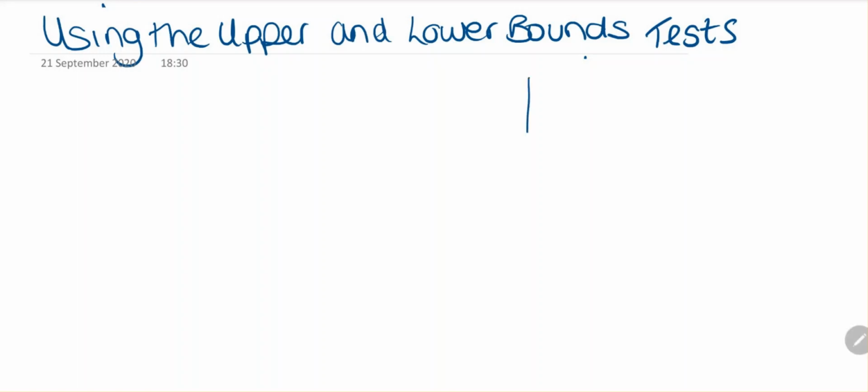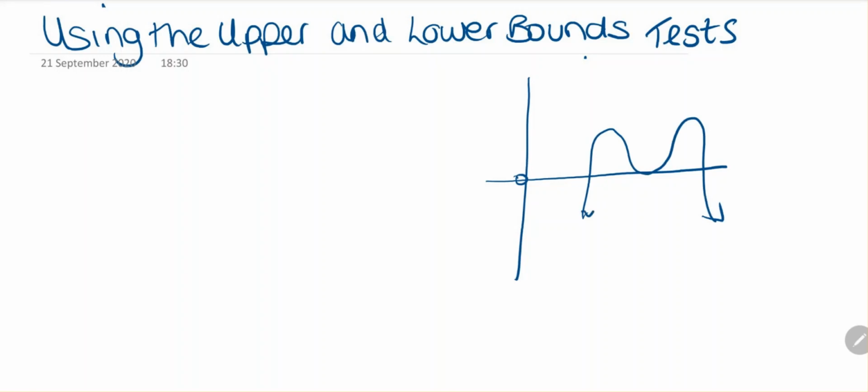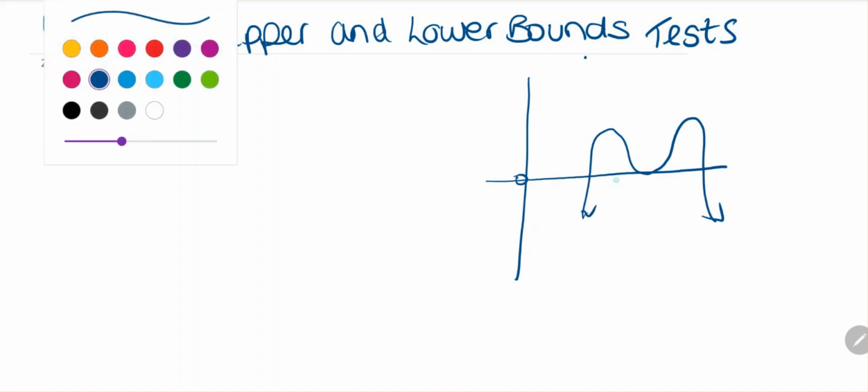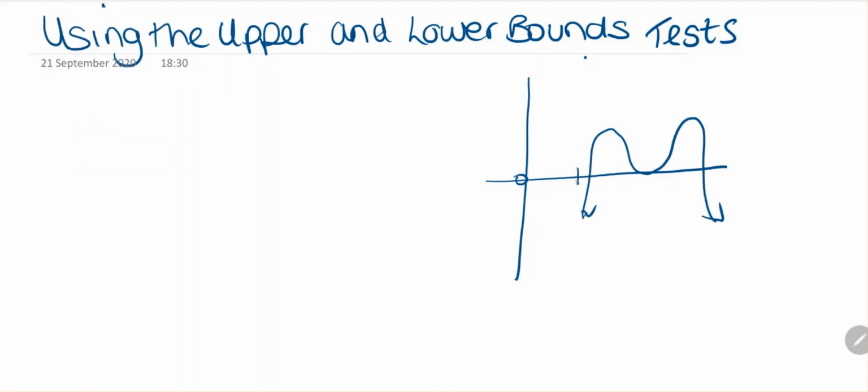So if we have a graph and we have points on our graph, we would have a point here which would be A and a point here which would be B. So this point A would be our lower bound, and our point B would be our upper bound.